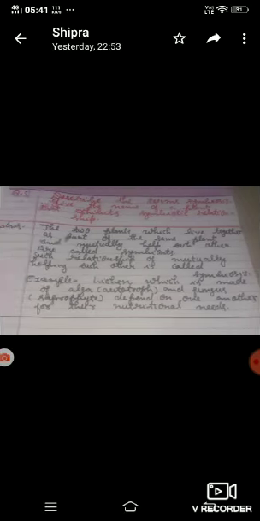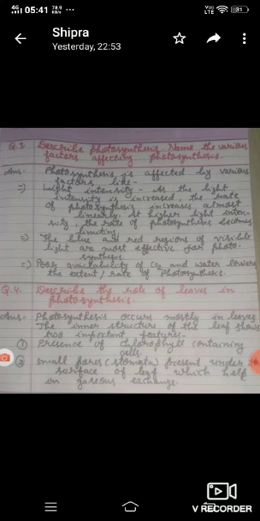Next, we come to the next long question. Describe photosynthesis. Name the various factors affecting photosynthesis. Answer: Photosynthesis is affected by various factors like light intensity. As the light intensity is increased, the rate of photosynthesis increases almost linearly.